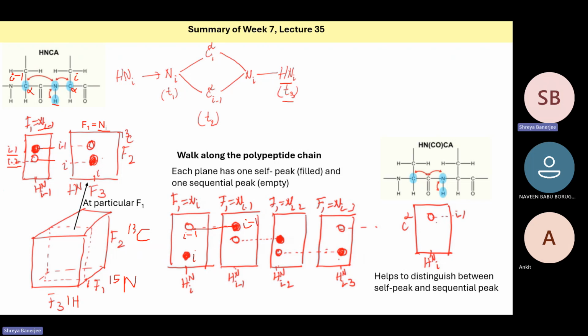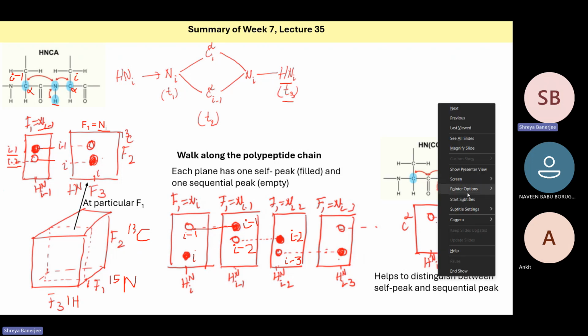This is I-1, and now I-1 will show a cross peak with I-2. Then you can go to the next plane. So this is I-2. I-2 will show a sequential peak with I-3. So like that, you can find out the sequence of the amino acids.